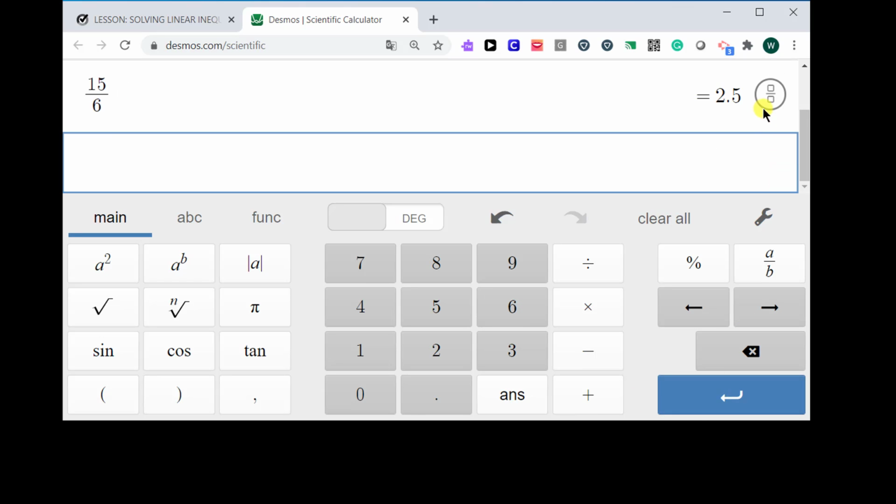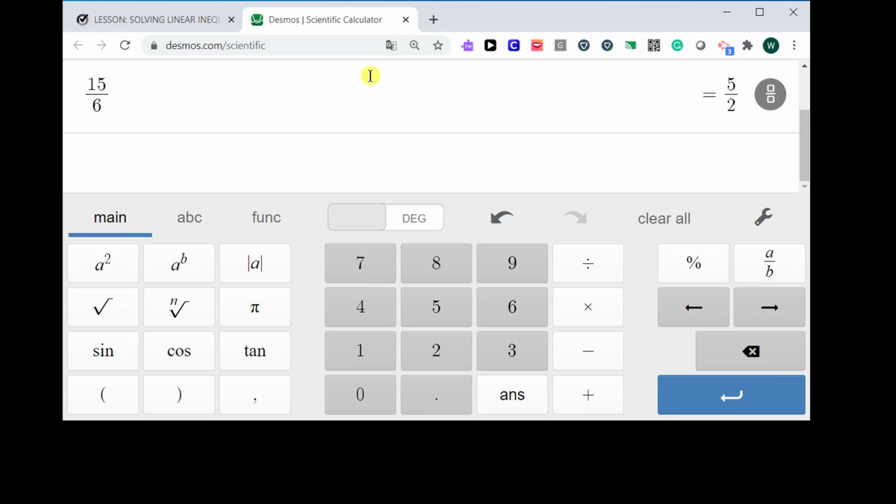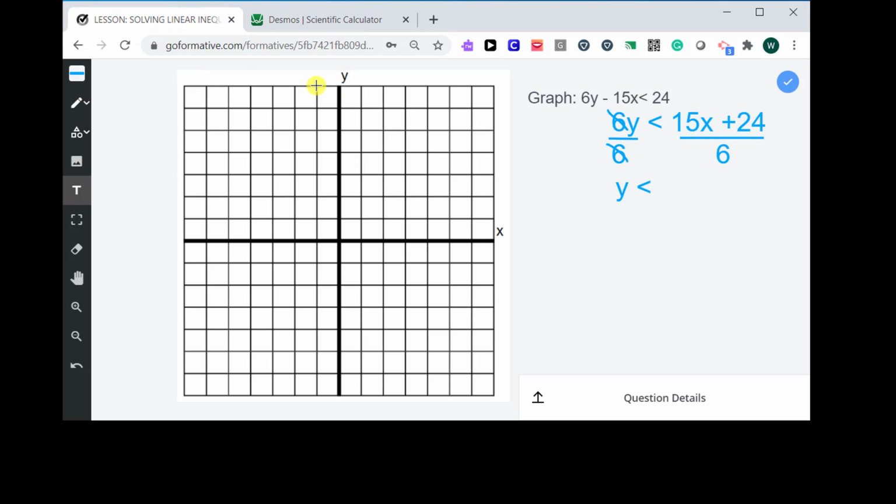And now I perform the division, 15 divided by 6, and press enter, and make sure to convert to the reduced fraction, which is 5/2. So we're going to click right here and write 5/2. And let's go ahead and draw the line. And then we do 24 divided by 6.